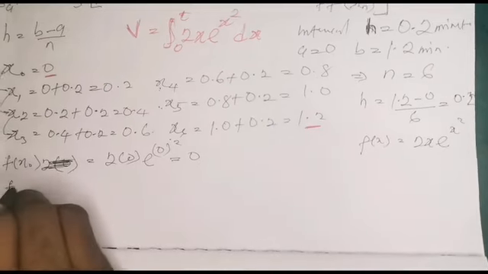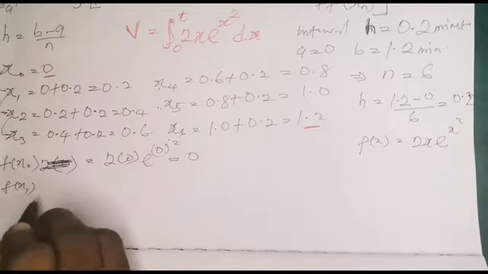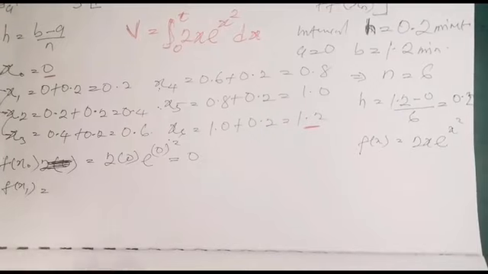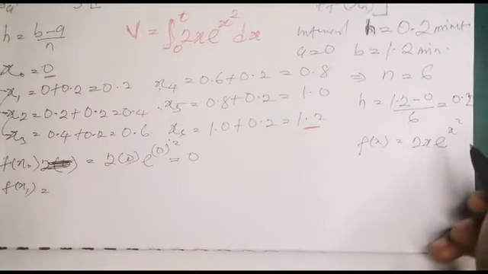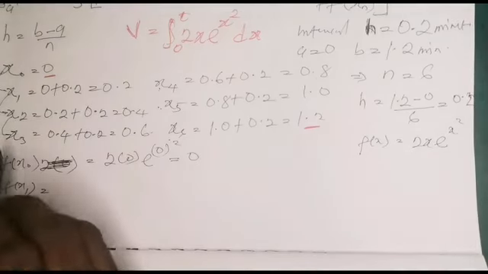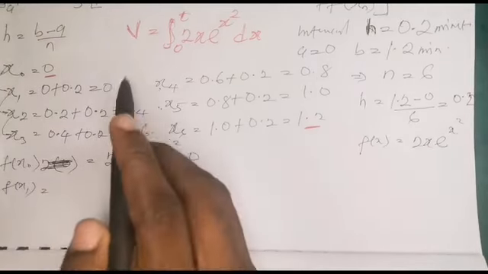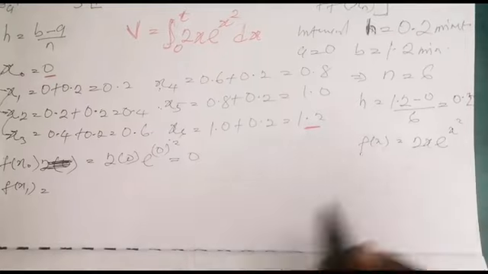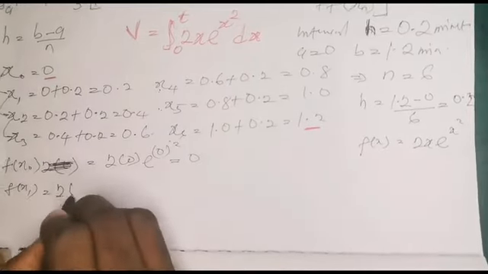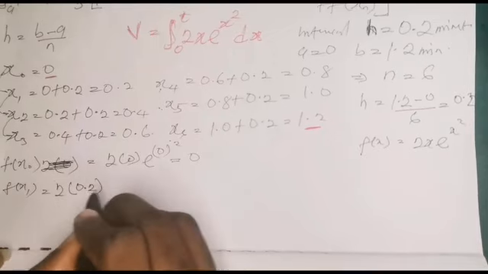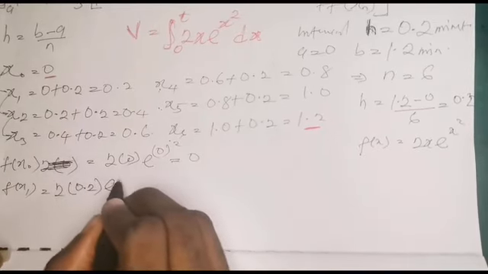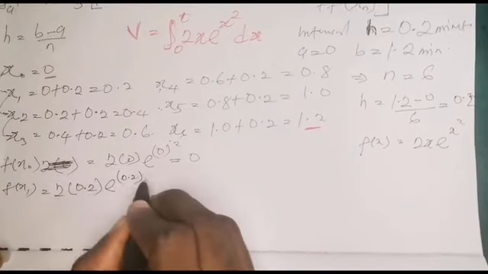Next we find f of x1. So this simply means in place of x in this equation, plug in the value of x1, and we obtained x1 to be 0.2. So 2x exponential x squared becomes 2 times 0.2 multiplied by exponential 0.2 all squared.